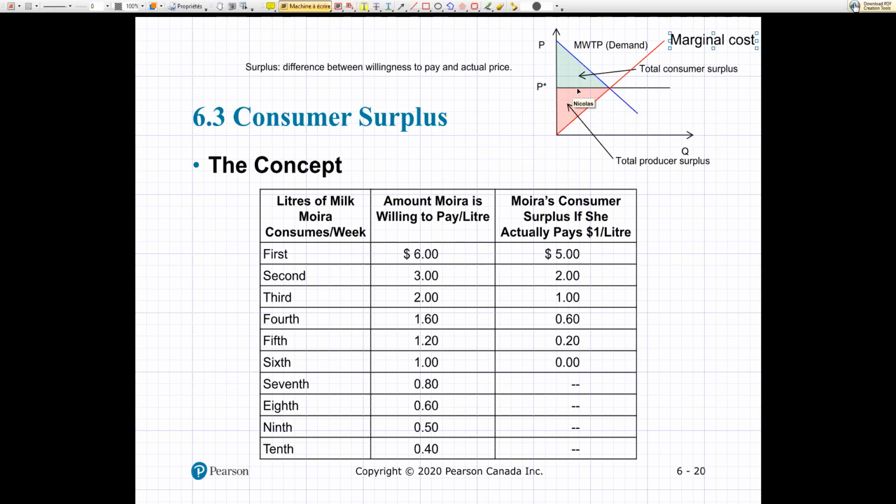So from each unit, imagine they got this price from the consumer, P star, so let's say $5, and it costs, let's say, $1, $2, $3, $4. So they get an income of $4, but then their marginal cost was like $1.8. So the profit margin on that unit would be 4 minus 1.8. And the total area in red is the total producer surplus. Or we just say the producer surplus.